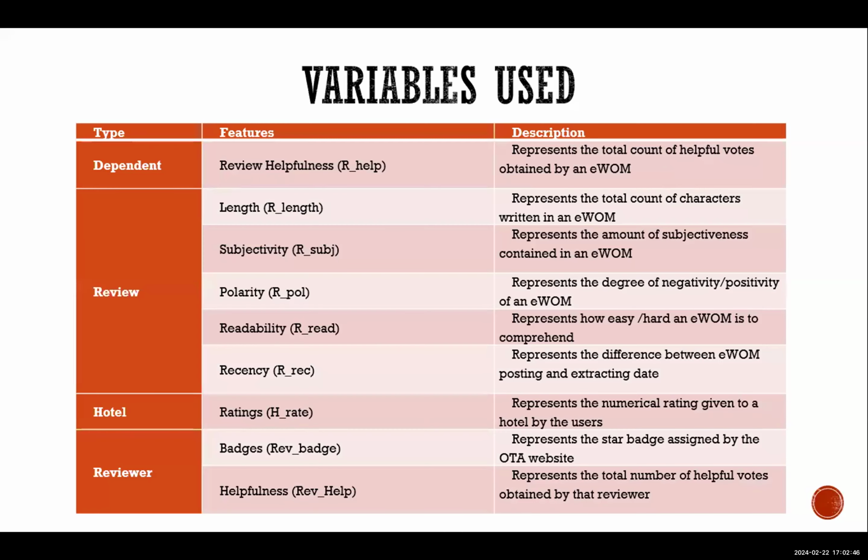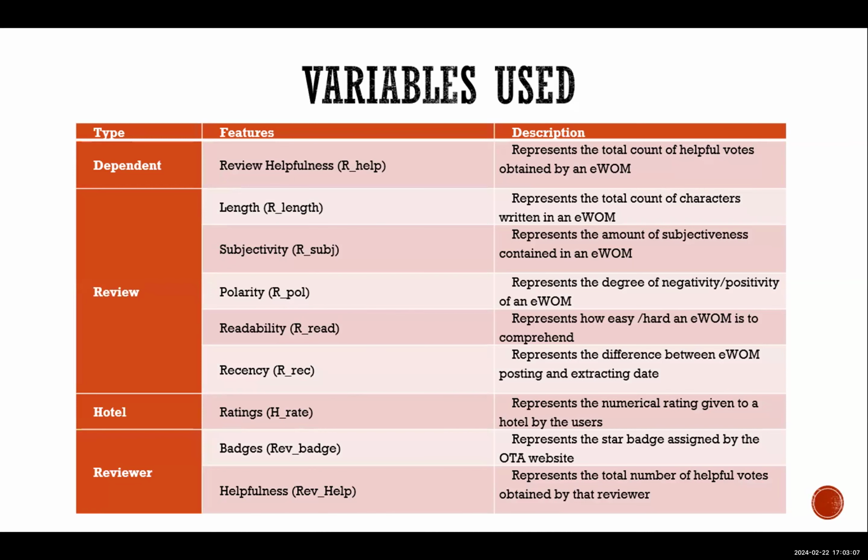Out of these parameters, the review helpfulness is taken directly from our data set. For length, subjectivity, polarity, and readability, we have used Python programming to calculate these variables. Then recency is calculated using basic MS Excel formulas.